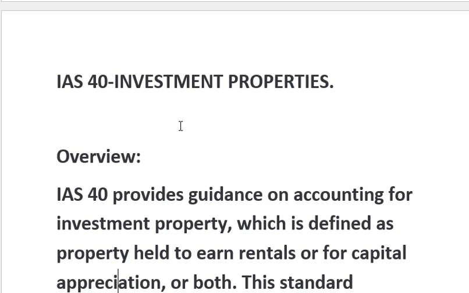Or take for instance, you bought a property and you converted it for rent. That rent income that you are earning is also a return on your investment, and that is just a simple definition of an investment property. So when we talk about investment property, please understand this: it is an underlying asset that is being held to earn rentals or for capital appreciation, or both.